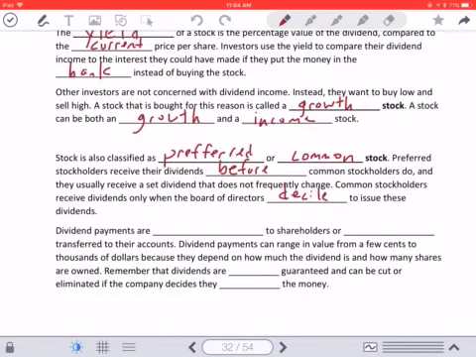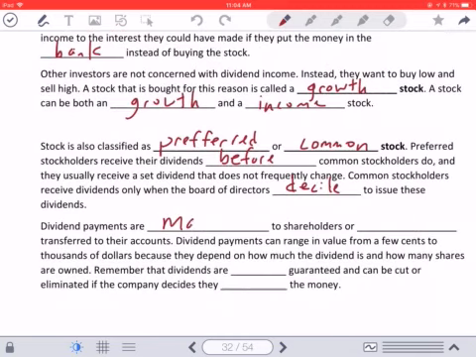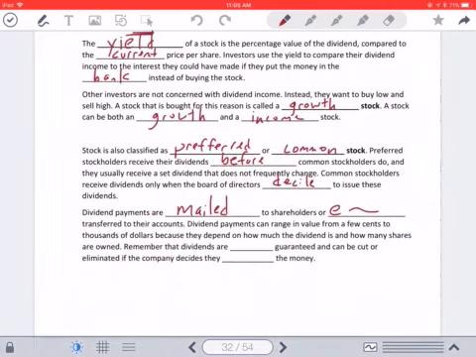Dividend payments are mailed to the shareholders or electronically transferred to their accounts. Usually electronically transferred these days. We'll just call it e-transfer. Dividend payments can range in value from a few cents to a few thousands of dollars, because they depend on how much the dividend is and how many shares are owned.